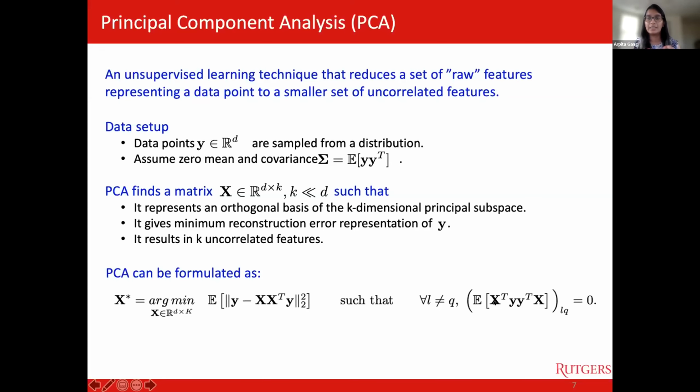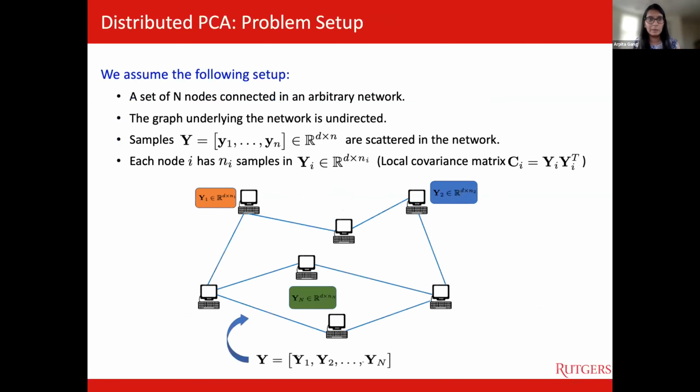So in short, for PCA we want to find the eigenvectors of the data covariance matrix, which I'll represent with x throughout my talk. It will represent a k-dimensional space, and k will be much smaller than d, which ultimately means that we get a smaller set of features from the large set of d features.